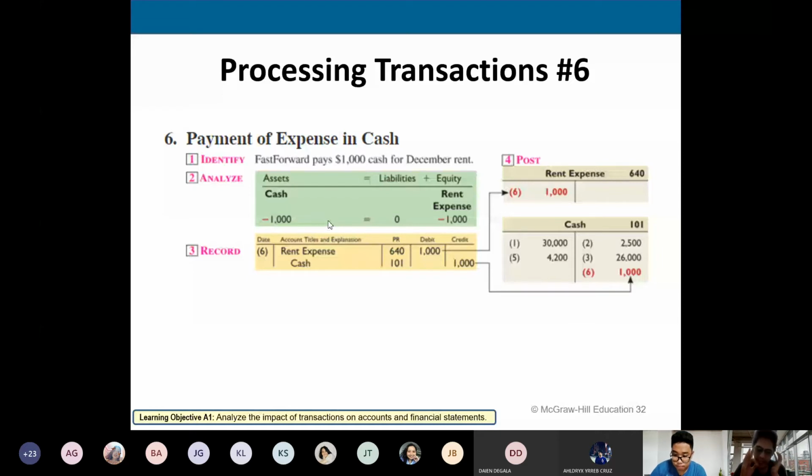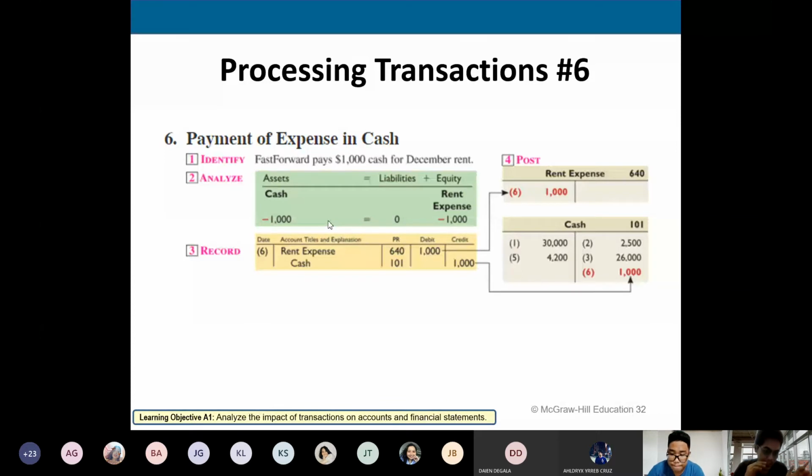Although pwede mangyari yun kung ang policy ng company is sa lahat ng utang nila na hindi pa nabayaran, ang gagamitin lang na account is accounts payable. But if the problem specifically provided a payable for each specific transaction, you use that specific account.